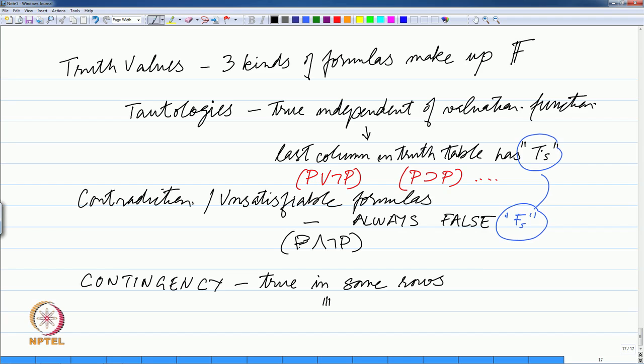Which is equivalent to saying true for some valuations, because each row in the truth table corresponds to a valuation. You are saying P is true or Q is false or R is true or false. So, each row corresponds to a valuation, and contingencies are formulas which are true for some rows and not all rows essentially. We also call them satisfiable formulas.